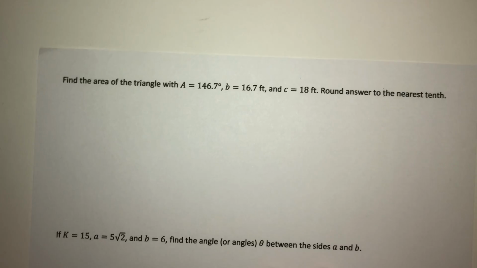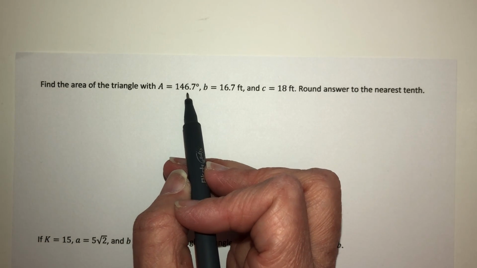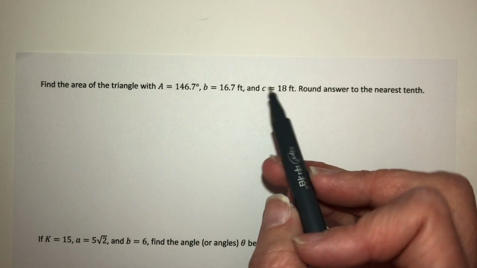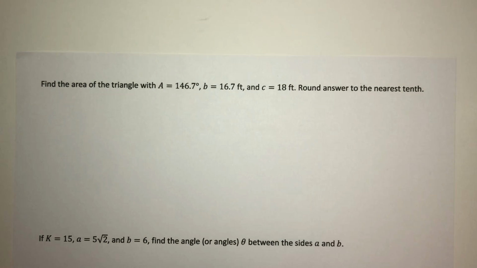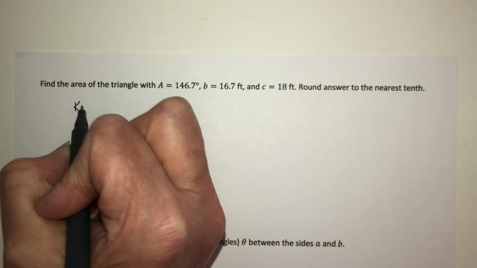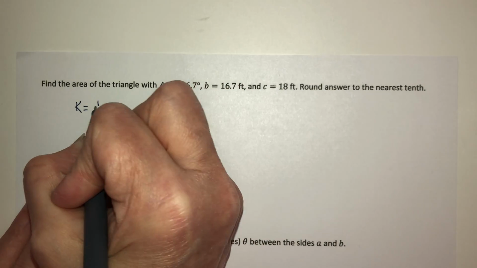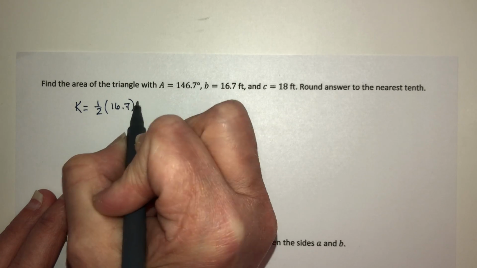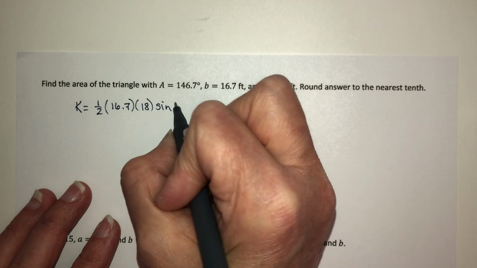Okay, now let's find the area of the triangle where our angle is 146.7 degrees, side b is 16.7 feet, and side c is 18 feet. And we want to round to the nearest tenth. Okay, so the area will equal 1/2 times the two sides we have, times sine of the angle we have.